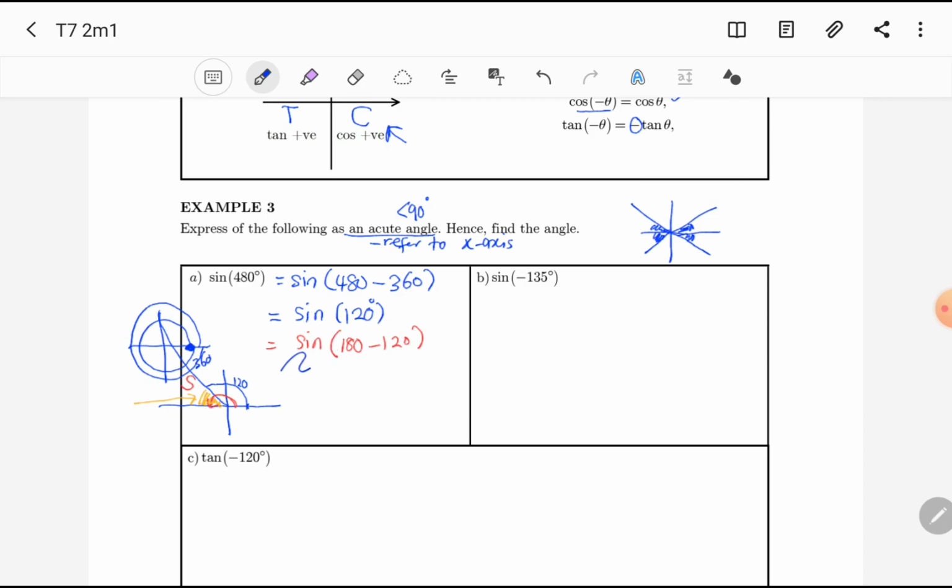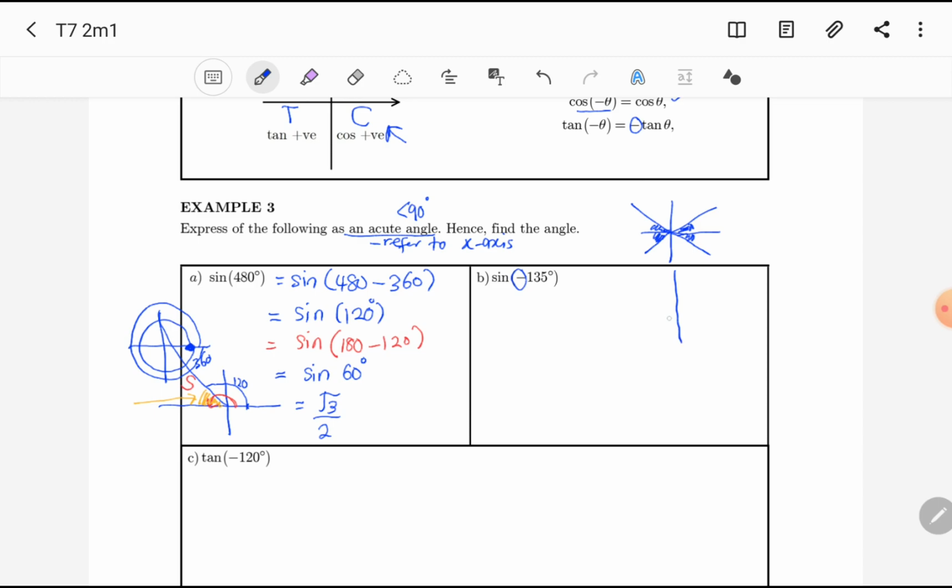Okay, so the answer is sin 60 degrees. Dan kalau awak refer balik the special angle tadi yang dalam table tadi, so we will get root 3 over 2 ataupun tekan calculator.